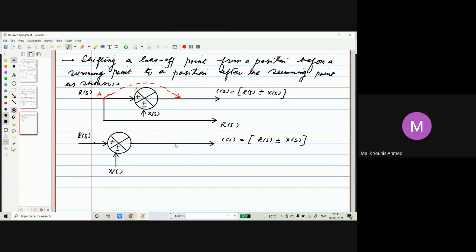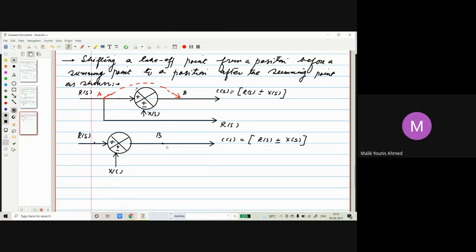Now we have reached point B. This was point B. Now here, this is R of S plus minus X of S. That same signal is going to go as an output. But then R of S is here. So you can see how that signal at the takeoff point is going to be manipulated.